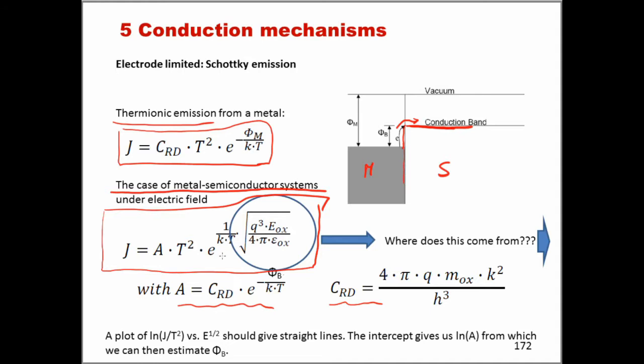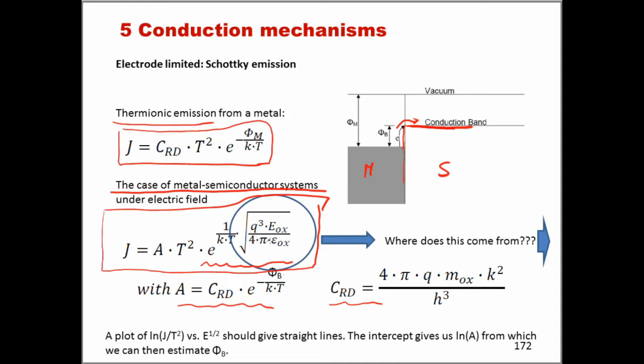Now if we compare this formula with the thermionic one, we realize that A T squared effectively represents the thermionic term. So in addition, we have this exponential containing the electric field. So this is the only new bit that we have added, and this is effectively the term that adds this electric field activated mechanism, and that differentiates the Schottky emission from the thermionic emission.